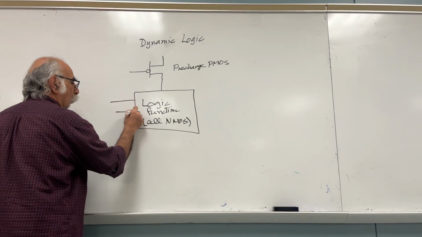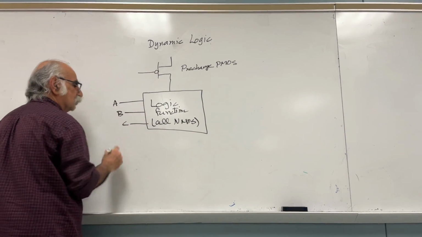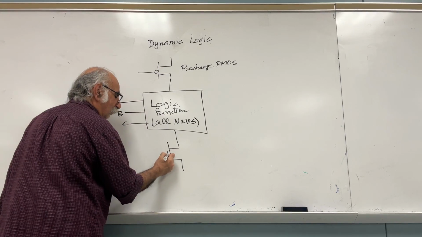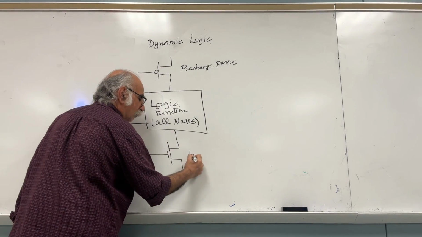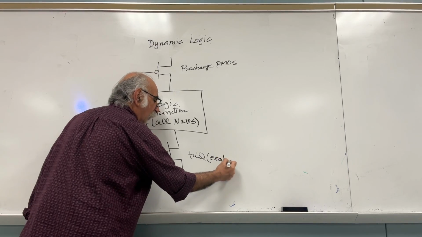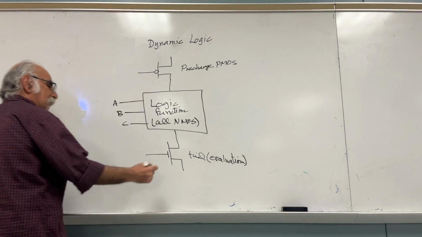These are the inputs to the logic. Let's assume it has 3 inputs, A, B, and C. And then we have one more, which is the tail NMOS, or they call it the evaluation NMOS.